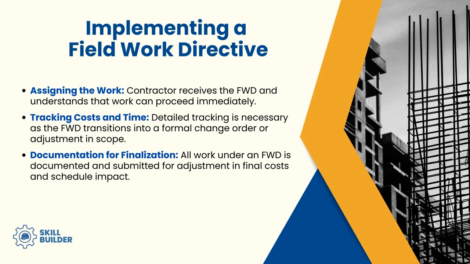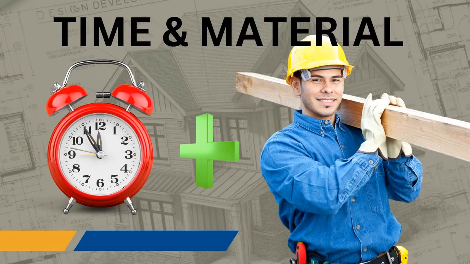And then we're going to identify finalized documentation. All work under a field work directive is documented and submitted for adjustment in final costs and schedule impact. We do this because we want to make sure that we're not double dipping anywhere and getting paid for what should be original contract work, and dividing that from our additional scope.